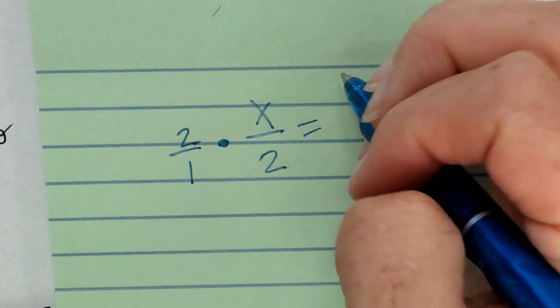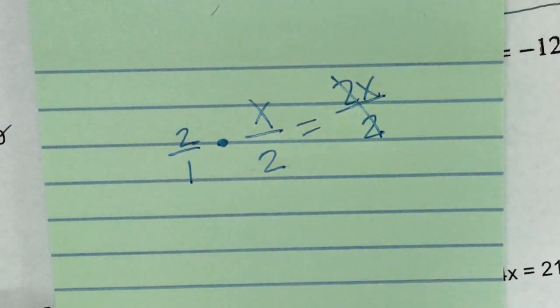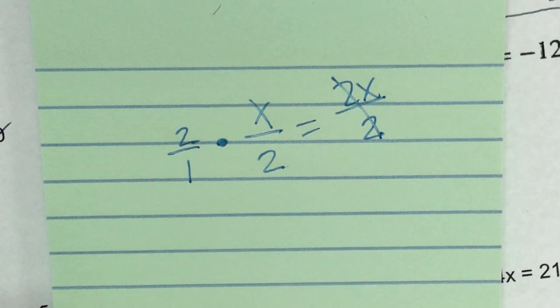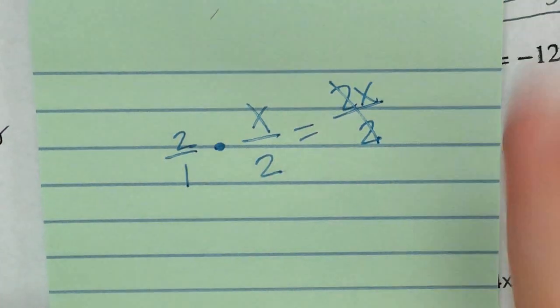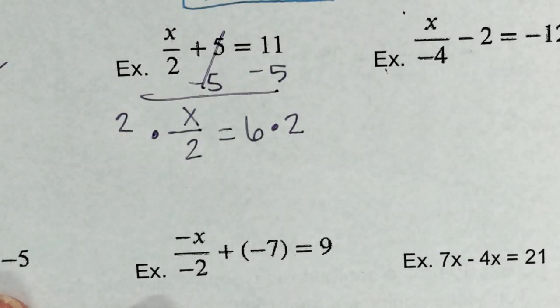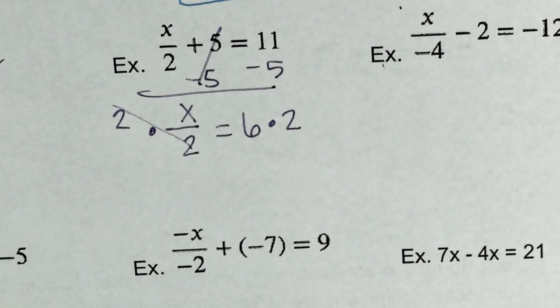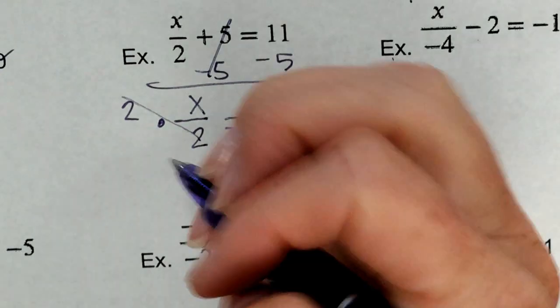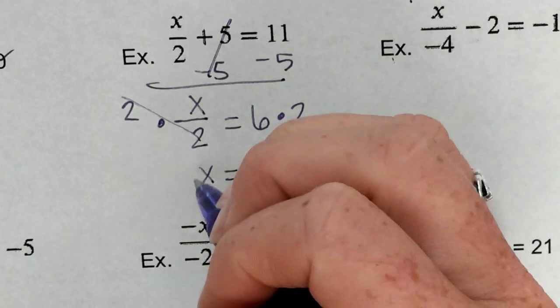What's 2 times x? What's 1 times 2? 2 divided by 2 is? And 1 times x is? Do you see how it worked? Now, you don't have to go show all that. Just simply go like this. It cancels out. Got it? And I'm left with x equals, and 6 times 2 is 12.